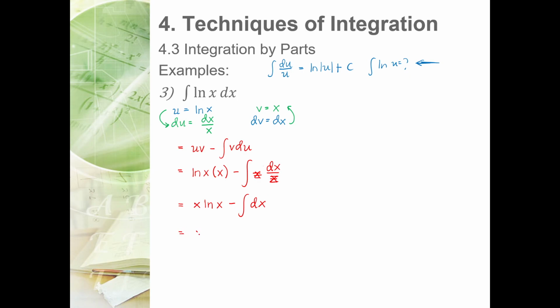So our answer is x ln x minus x plus c. Okay, so we have solved the logarithmic integral with an advanced technique. So questions?